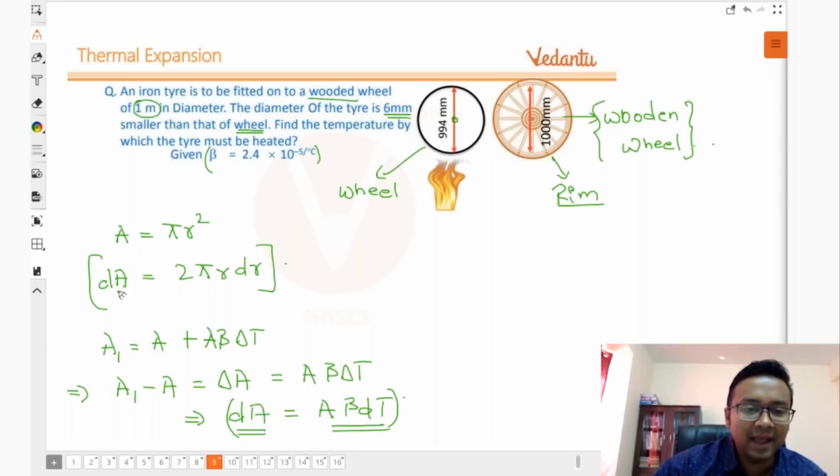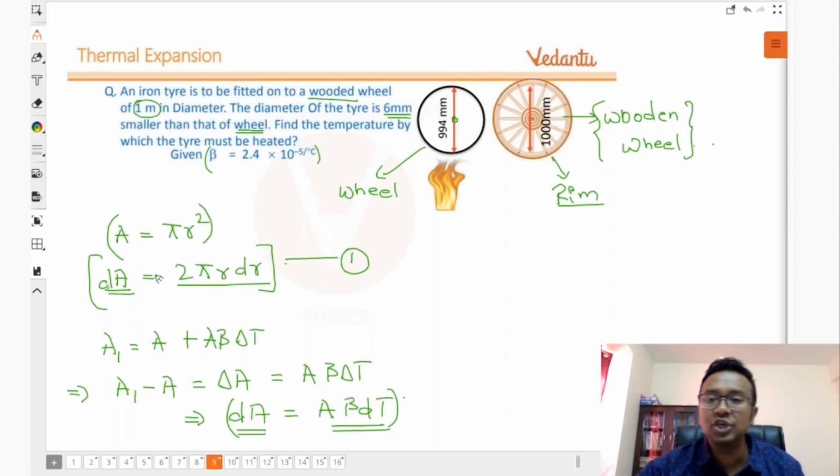And here, applying differentiation to this area of the wooden wheel, we see how it is linked to the radius of the wheel. So this equation gives me the relation between the change in area and the change in the radius, and this gives me the relation between change in area with respect to that of the temperature. Okay.